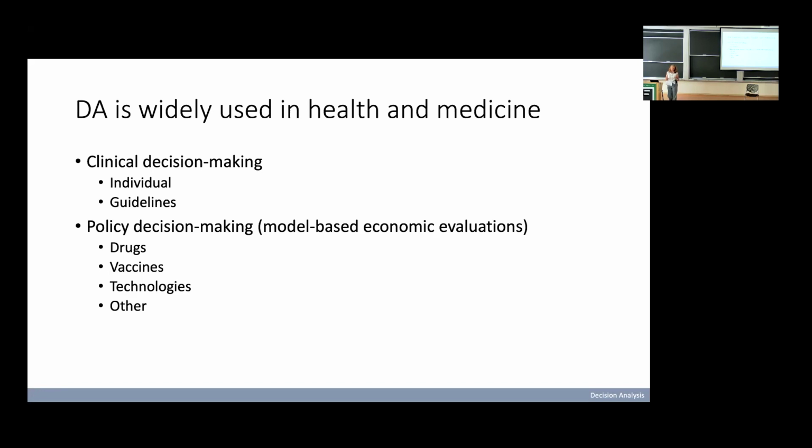Usually they review evidence on clinical effectiveness, safety, technical aspects of the intervention, economic evidence where they look at what's the burden of disease, what is the cost effectiveness of that intervention compared to what we currently have. Does it provide good value for money? What's the budget impact? And then there's a whole range of other considerations that fall more into equity, ethics, legal, social, implementation type of questions.